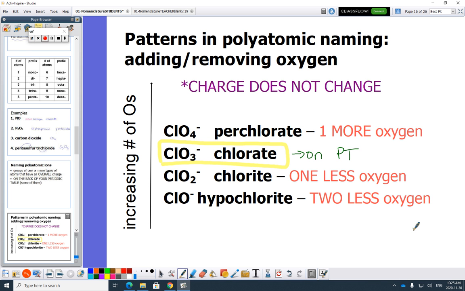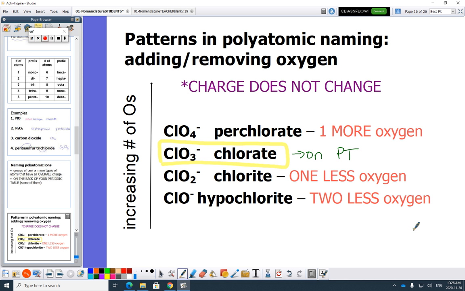So chlorate is ClO3 with the -1 charge. When you look at the back of the periodic table, it has how many oxygens are part of the ATE form. It also has the charge, so it has both. So you don't have to memorize that.